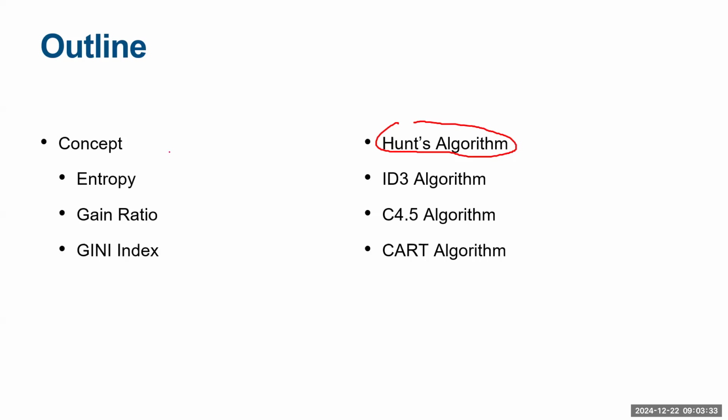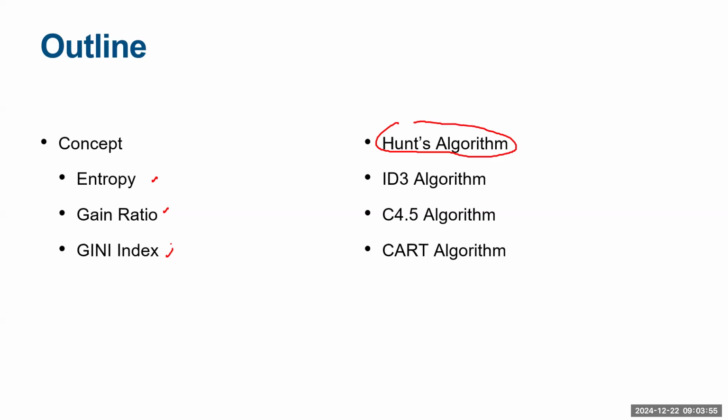And some of these keywords you may have heard in other fields, like entropy in chemistry or physics. We will see how a computer scientist uses entropy to help with the learning.